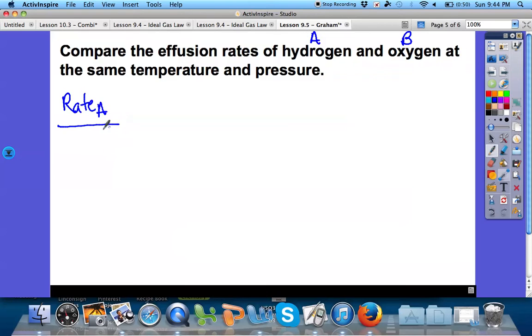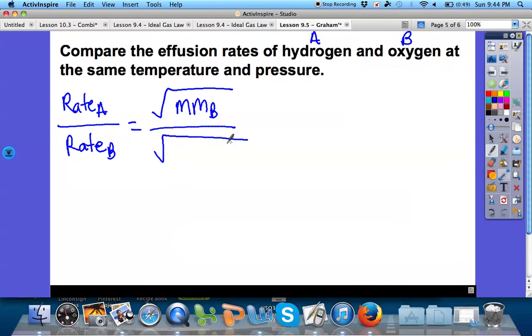So our equation, in order to compare the rates, we are going to do the square root of the molar masses of these gases. Because we know what these gases are, we can just go straight to the square root of the molar masses.